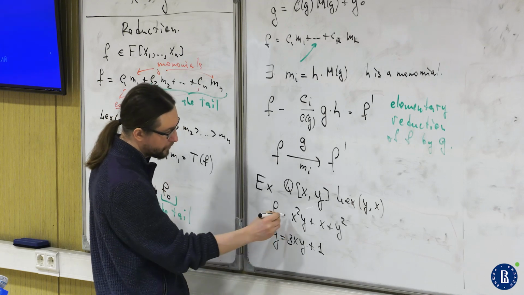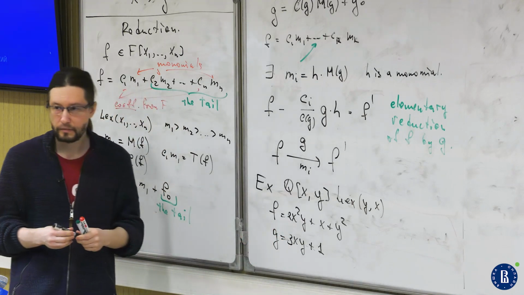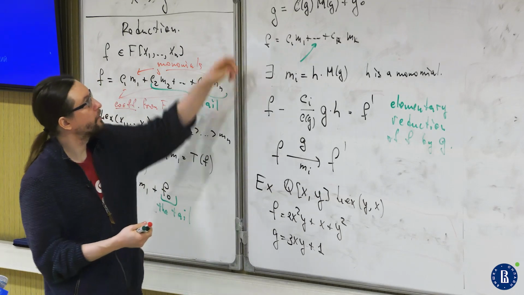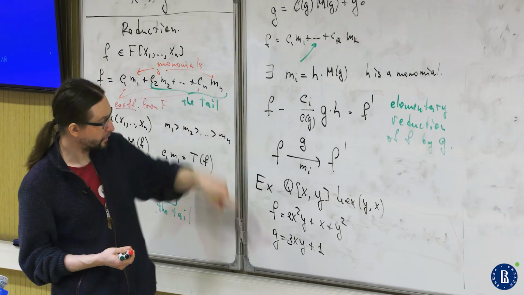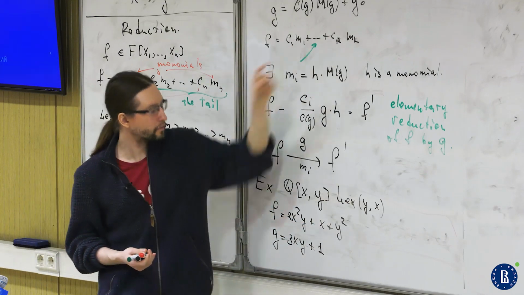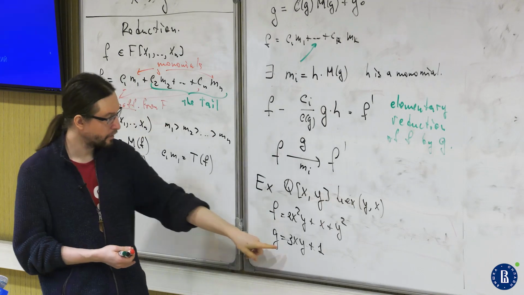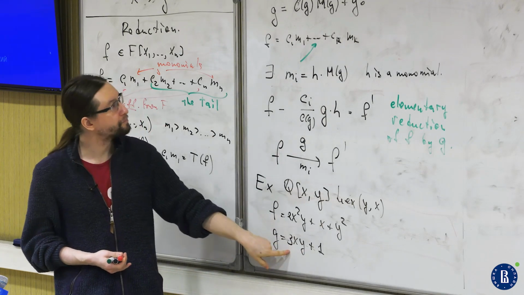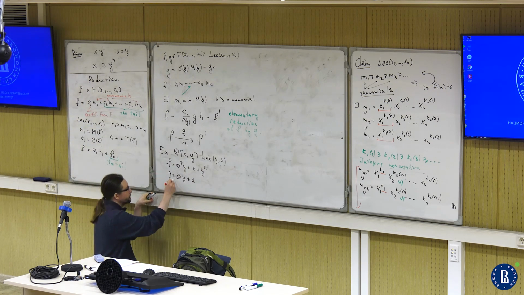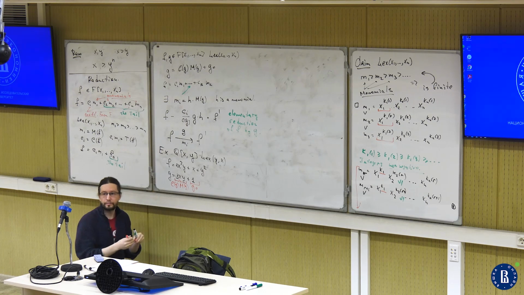Let's say 3 here and 2 here, okay? So this is f, and this is g. f has 3 summands, and g has the leading term and the tail. So this is the leading coefficient, c of g. This is the leading monomial, m of g. And this is the tail, g0, okay?